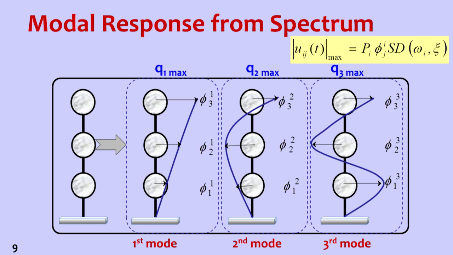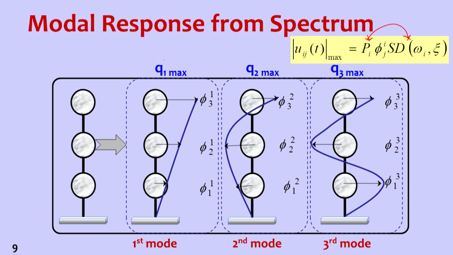Now if you look at this, for each mode shape, Q1 max is this multiplied by this. These two constitute the value Q1 max: the participation factor in that mode shape multiplied by the spectral displacement of that mode shape.